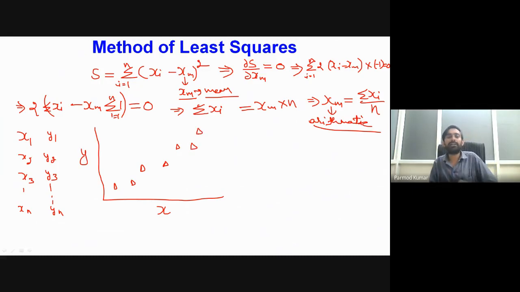These are nothing but our experimental observations. Now what we want to do with this experimental data is fit some line that represents the closeness or some trend of the experimental data between these two variables y and x.